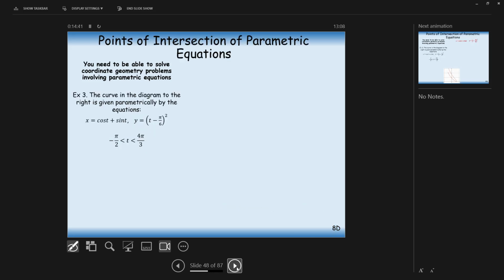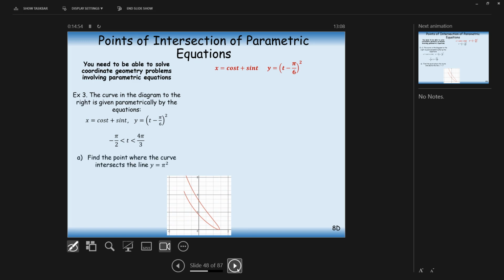In the next example, we were told that x is cos t plus sine t, and y is t minus pi over 6. We are asked to calculate the point where this graph meets y equals pi squared.